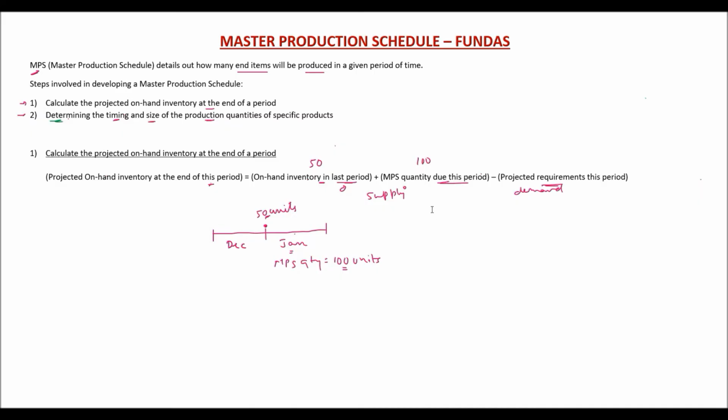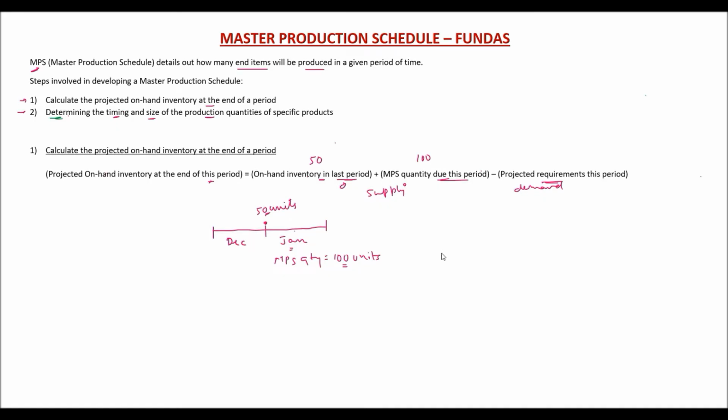Now next, we need to find out how much quantity is going to be shipped to the customers. So let's say this projected requirements this period is 75. So your supply is 150 and your demand is equal to 75 units.